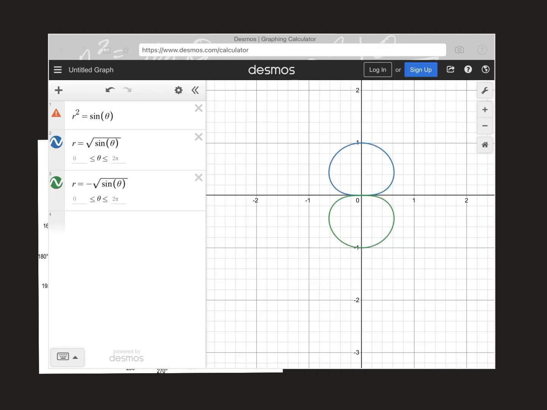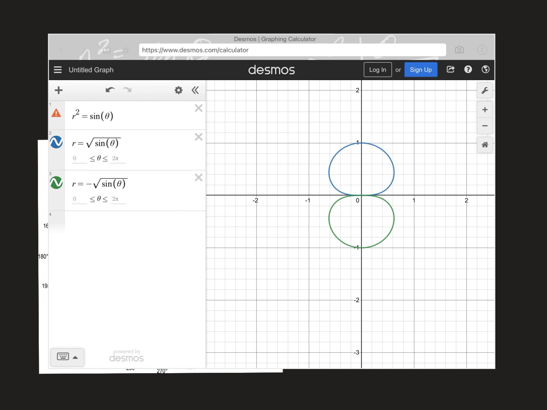Okay. And so, looking at this Desmos graph, notice by entering r squared equals sine theta, Desmos did not like that. Why didn't it like it? Because Desmos always likes you to enter y equals, or r equals if you're doing polar coordinates. But if you do r squared, it's not going to like that.